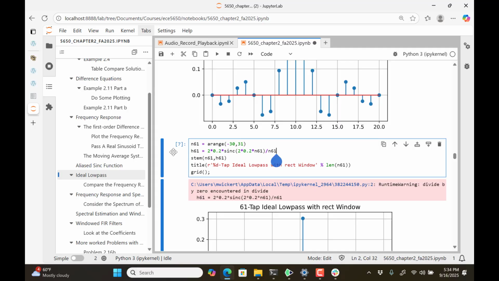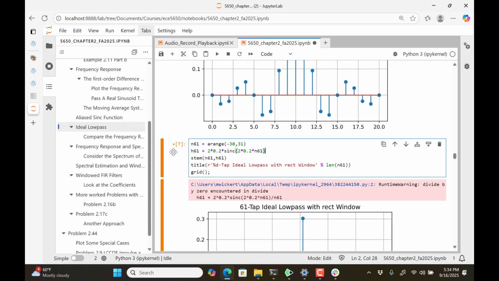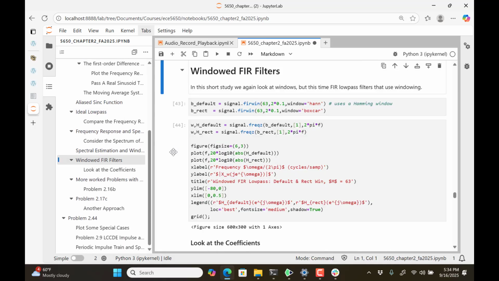But there is a solution for this, though, and that actually is in this notebook. It's called windowing FIR filters. So there's a particular type of filter called firwin, which is exactly what we're talking about, the sin x over x, the sinc function kind of response, but then it applies a window shape on top of that.